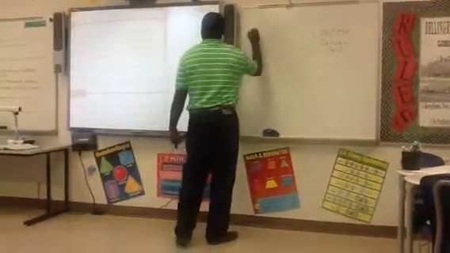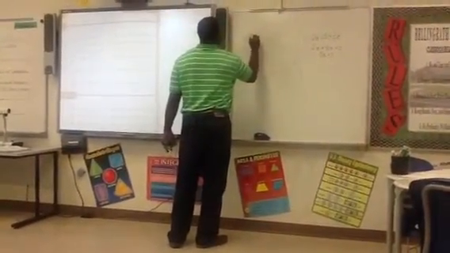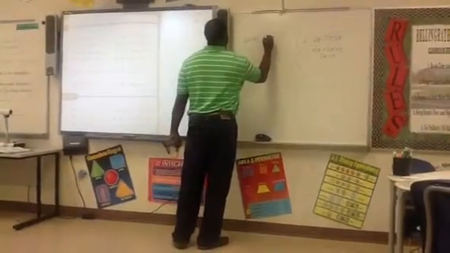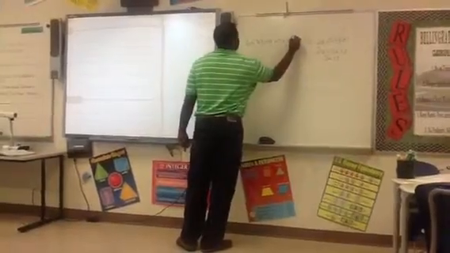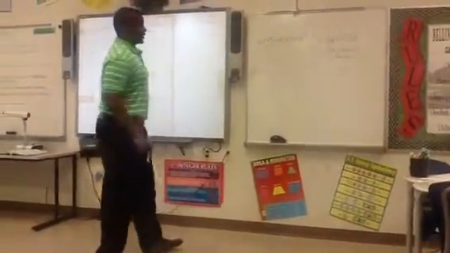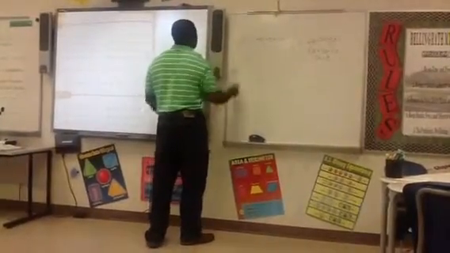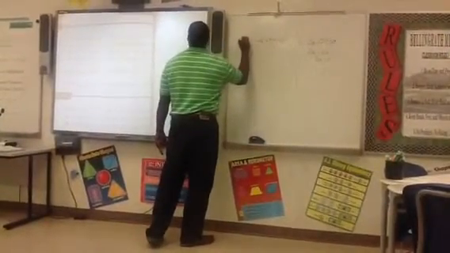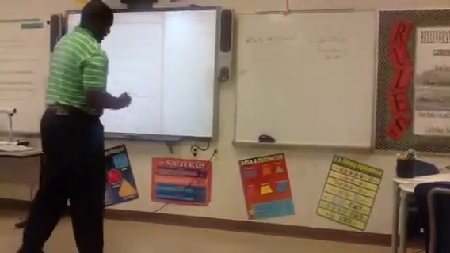So we have 6f squared plus 3 minus 4f plus 5 plus 10f squared. The first thing we want to do is combine like terms. I'll erase this to make it just a little bit more legible.